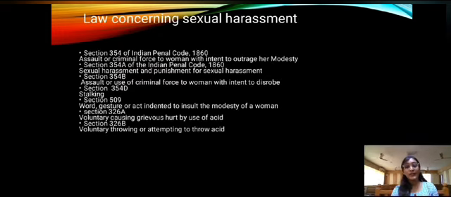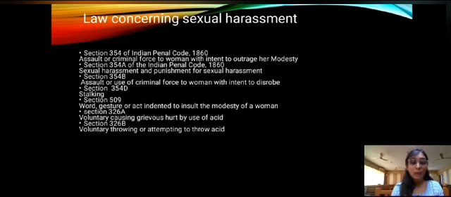There are many laws concerning sexual harassment. Section 354 of the Indian Penal Code talks about assault or criminal force to a woman with the intent to outrage her modesty. Section 354A of the Indian Penal Code 1860 talks about sexual harassment and punishment for sexual harassment.